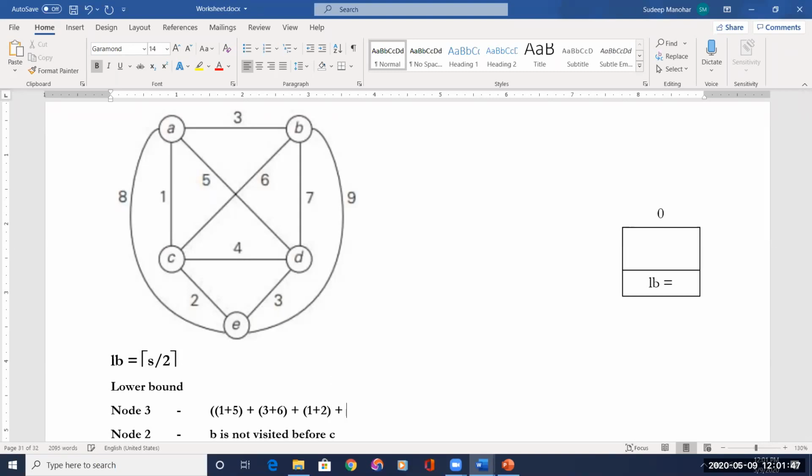Plus for D, this A to D edge has to be considered because you are considering D now. So which are the two minimum? Two minimum 3 and 4. But you are supposed to consider this edge. It is compulsion. Therefore, you have to skip this 4. It is 3 plus 5. For E, this A to D edge doesn't affect. Therefore, the minimum is 2 plus 3 itself.